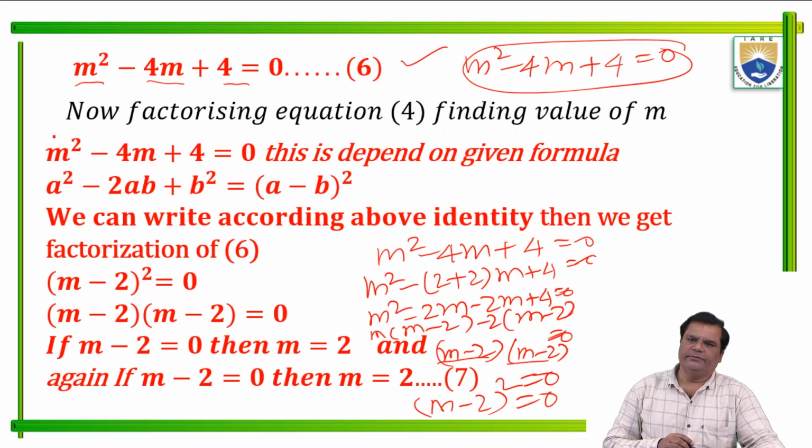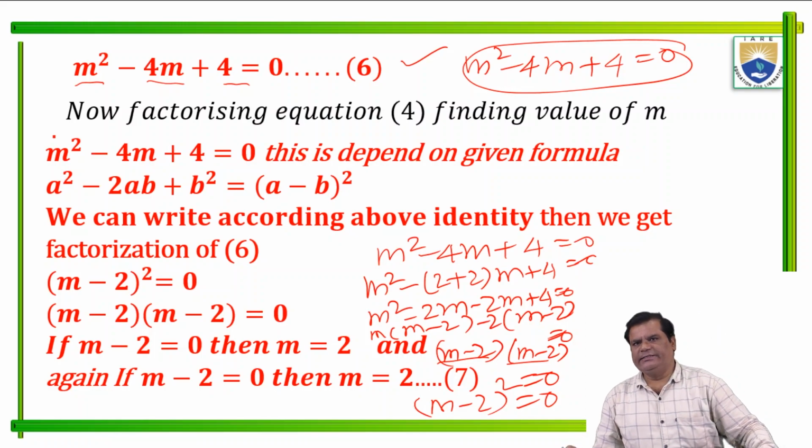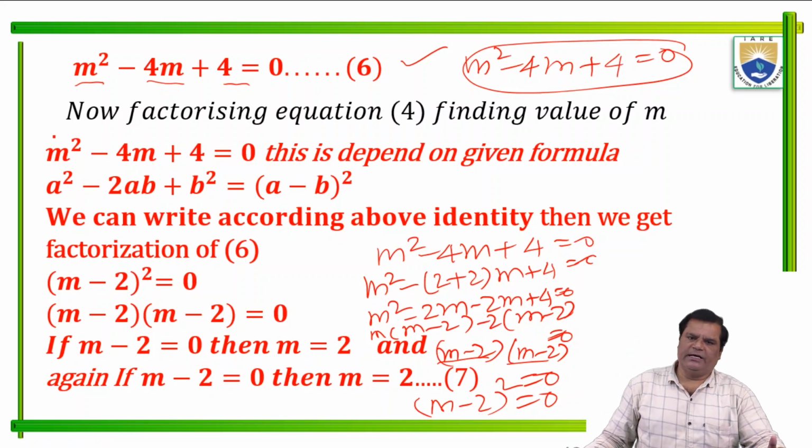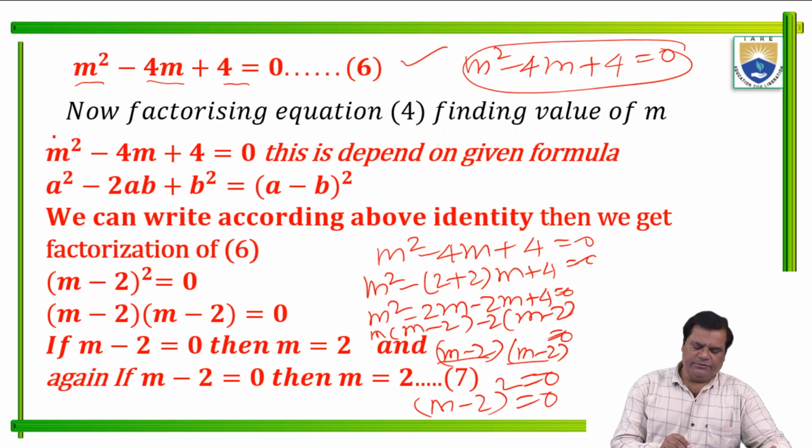Similarly, we can apply another method to factorize equation 6. Here m² is a², 4m corresponds to 2ab, and b² is 4, so b is 2 and a is m. This is the formula (a − b)².